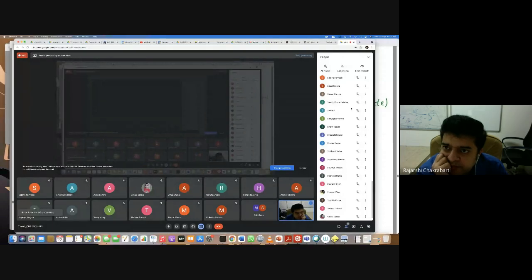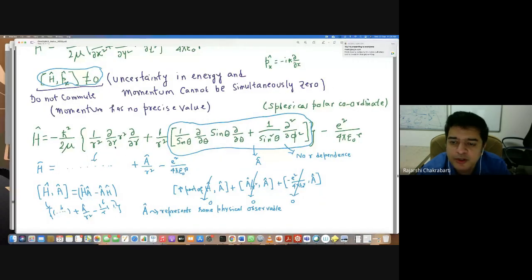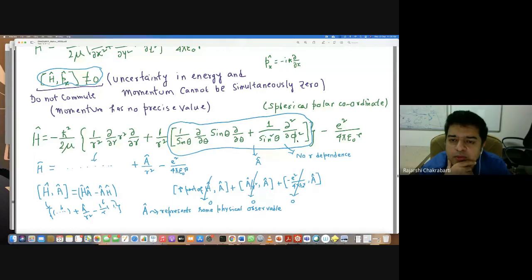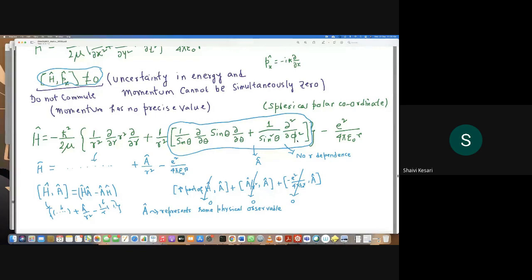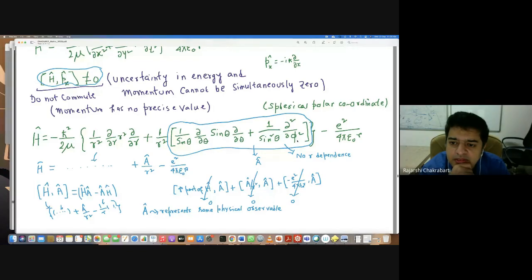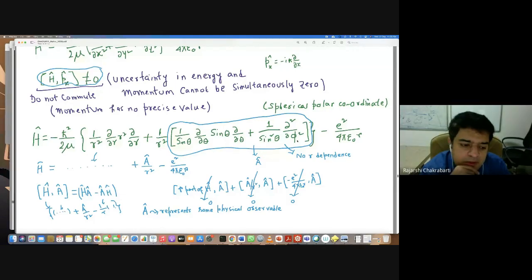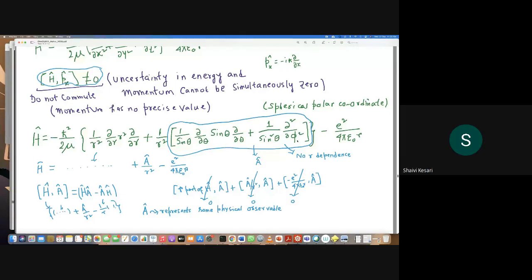Can you tell me whether this Hamiltonian will commute with this operator A, this part? I couldn't follow the last few parts. I'm not able to see the screen. It is projected, no? Can others see? Yes, sir, it's visible. Maybe I'll rejoin because there's some connection issue.